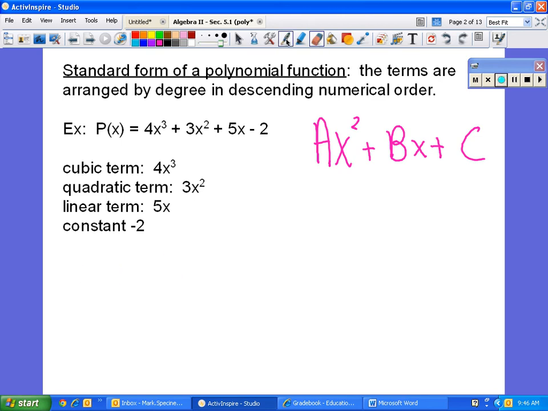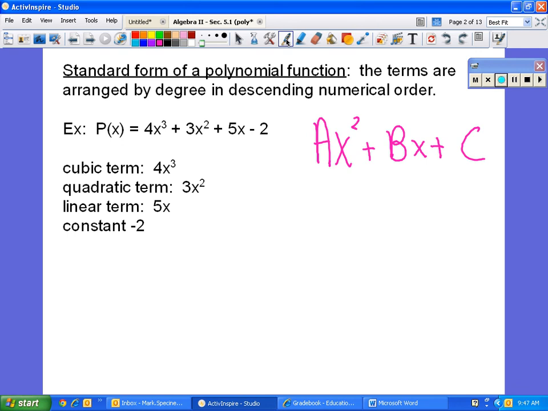So remember, we don't have an exponent, it's linear. An exponent of 2 means quadratic. We just spent an entire chapter talking about quadratics. If I have something to the power of 3, we call that cubic. And I'll talk in a few minutes about how we actually have special names for an exponent of 4 and an exponent of 5.